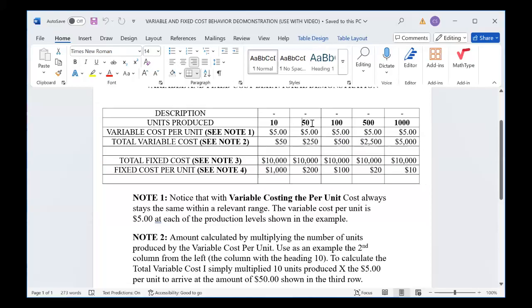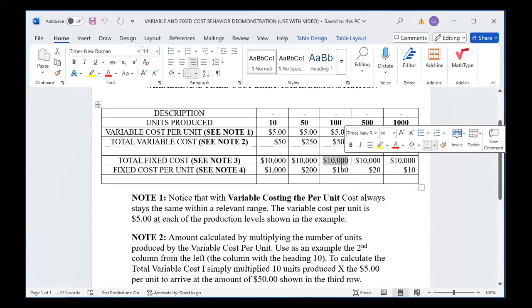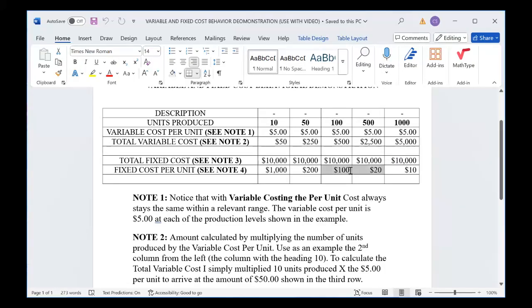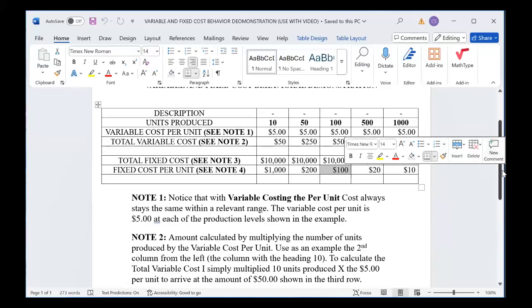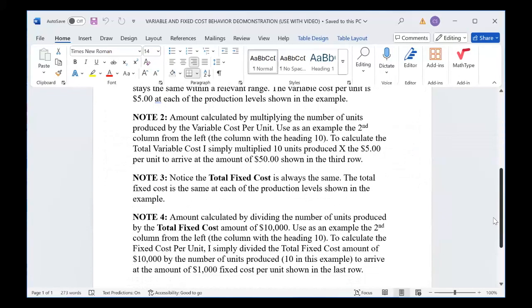If I make 50 units at $10,000 fixed cost, each unit has to take over $200 to compensate. If I make 100 units with a total of $10,000 fixed cost, each unit takes $100. So this is explained in note 3 and note 4.